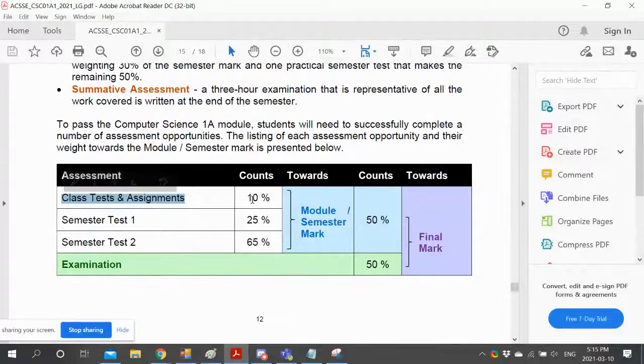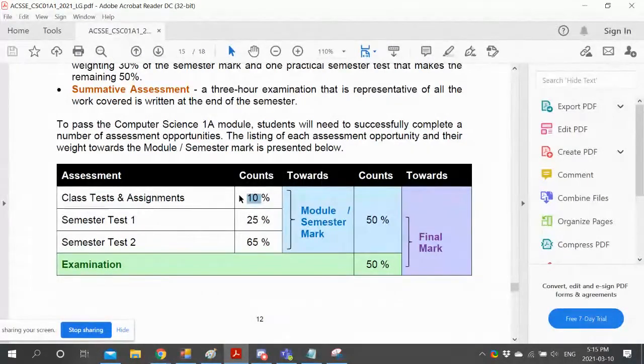So they only count 10%. They're what we call formative assessment. So the purpose of formative assessment is to teach you a skill, not really to assess you too much on it. Now, marks can be assigned and measured and recorded for formative assessment, but they're typically not terribly high in their mark value. That's why you'll see it's only 10% of the semester mark, which is half of the final mark. So all in all, that's 5% of your total mark. So not a great deal.